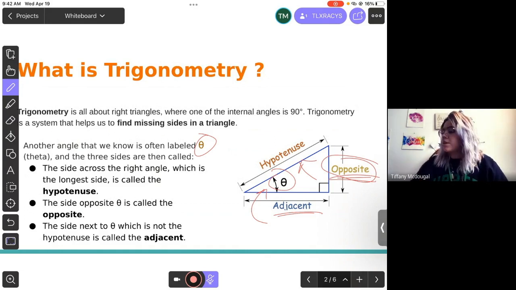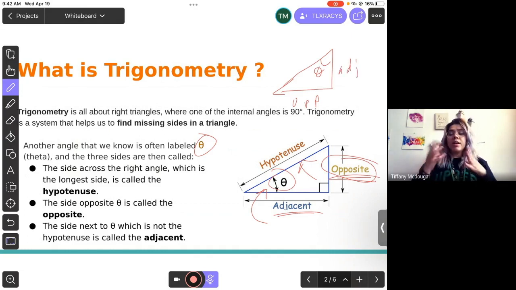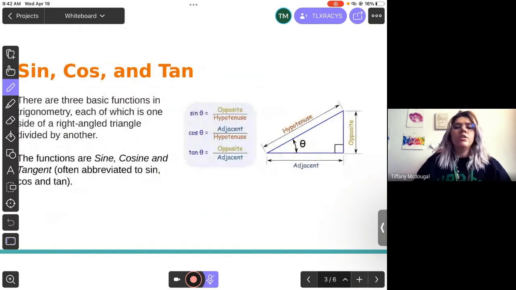As we can see right here, theta is in the bottom corner. But if I drew another triangle and put theta in the top corner over here, then opposite would be down here because that side is opposite, and then adjacent would be over here. So again, it just depends on where theta is, and the more you practice this, the more you'll get the hang of it.